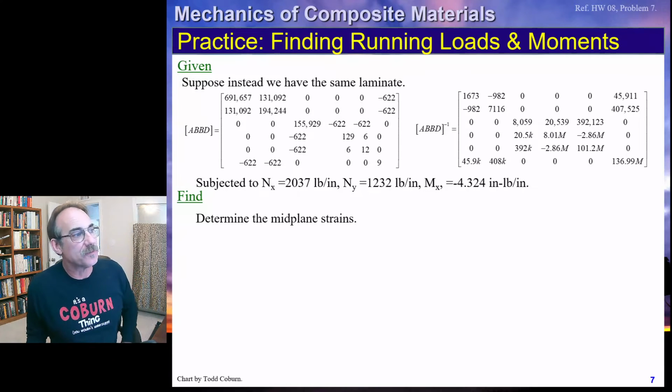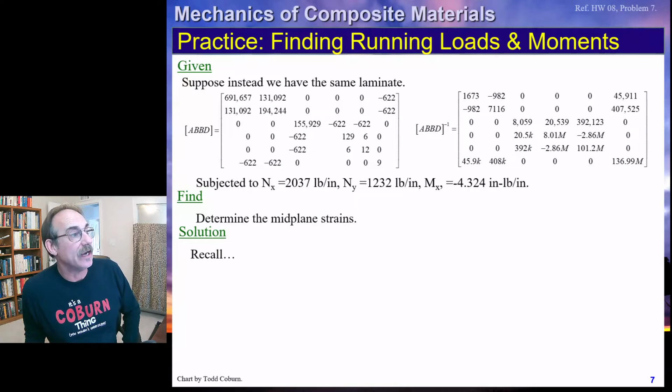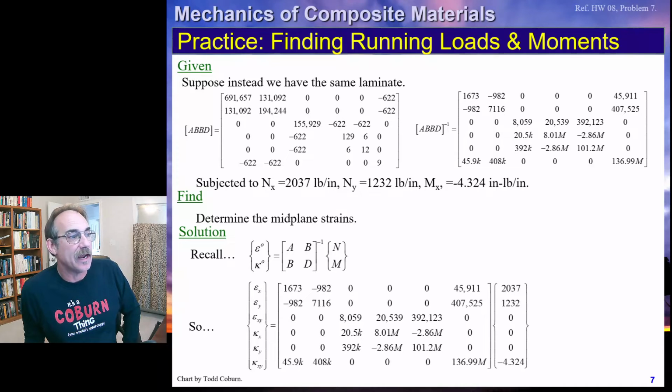Here's how it works. Regardless of what we want, we're going to start by getting our midplane strains. So we use this form of the equation now, and we can write it this way. This is the inverse of the ABBD matrix multiplied by our running loads and moments, and that will give us our strains and curvatures in body coordinates.